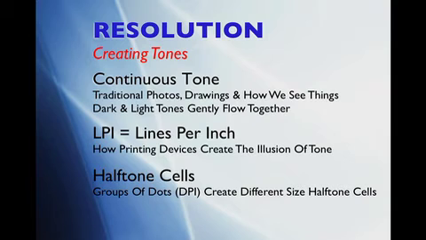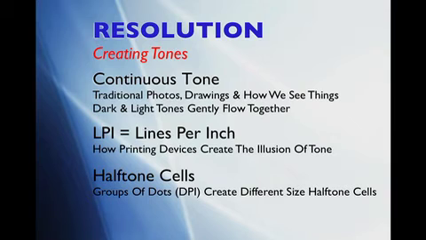And the way we produce continuous tone on a printing press is really, once again, like so many of the things that I talk about, even in the computer, it's all smoke and mirrors. Because the reality is that we create the illusion of tone or continuous tone.